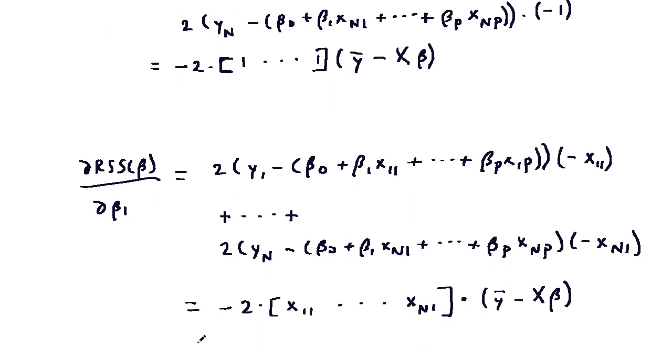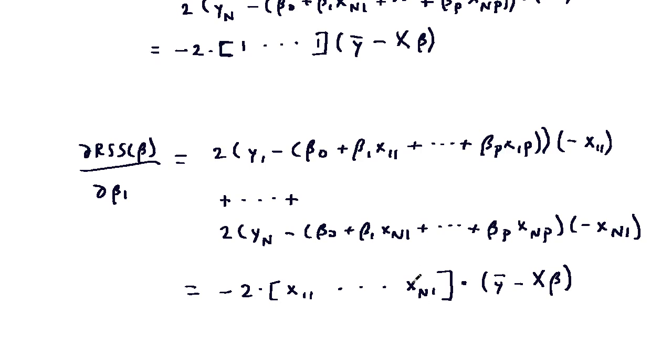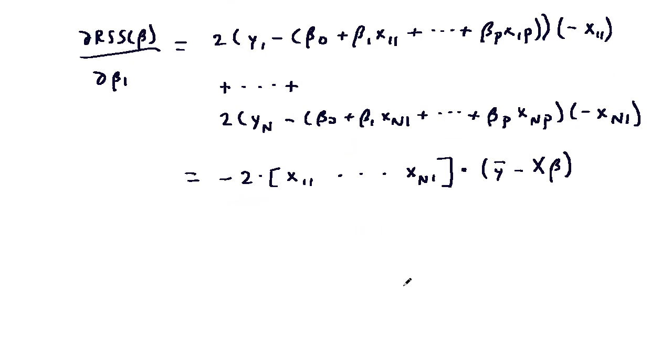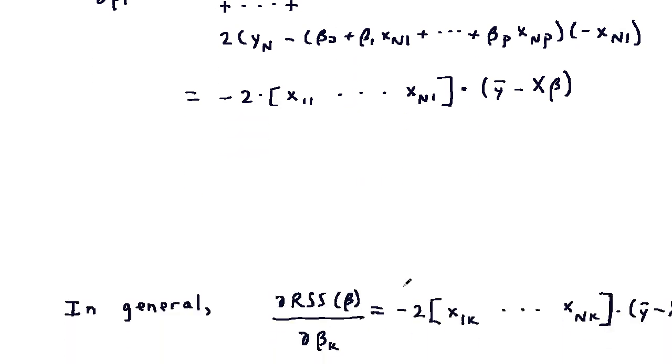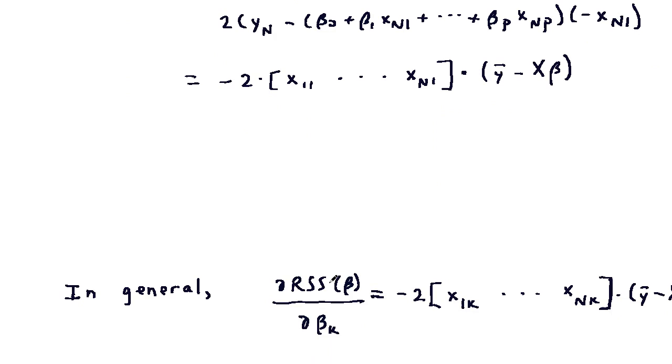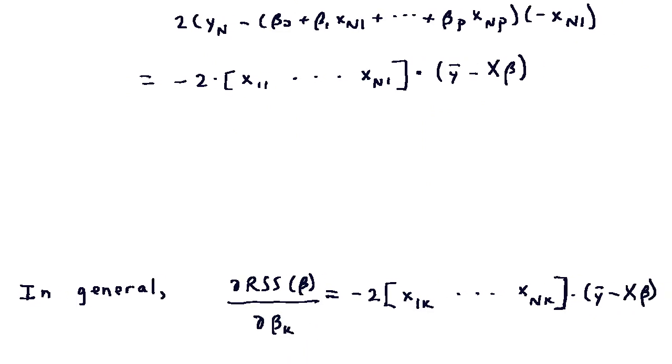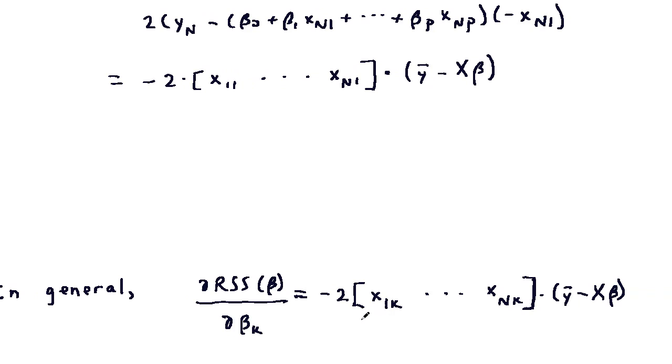That is just equal to negative 2 times this row vector, x11 through xn1, times y minus x beta. So we see a pattern here. In general, the partial derivative of RSS of beta with respect to beta k is negative 2 times the row vector x1k through xnk, times y minus x beta.